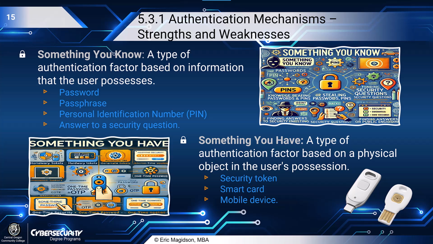So years ago, Google issued security tokens to all of their employees and literally saw no more attacks as it pertains to authentication attacks, because those hackers might have been able to fool an end user into giving them their username and password, like by saying, hey, we're from IT, we got to change some things, but they didn't have that security token. They didn't have the smart card, or in our case today, mobile devices.